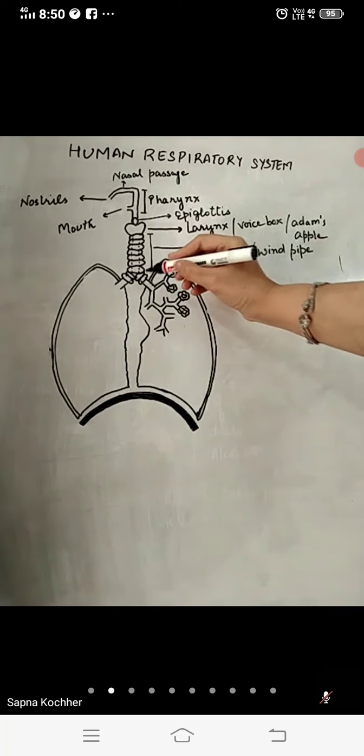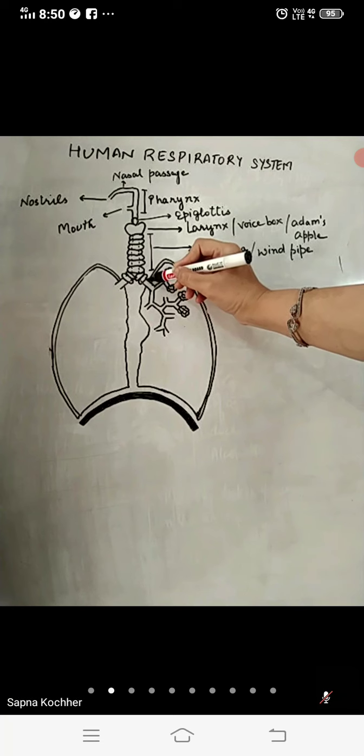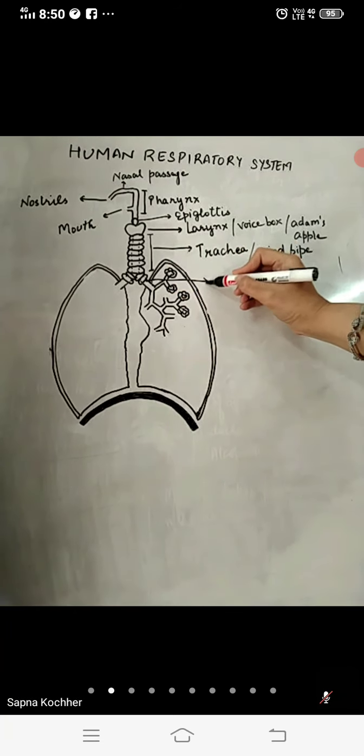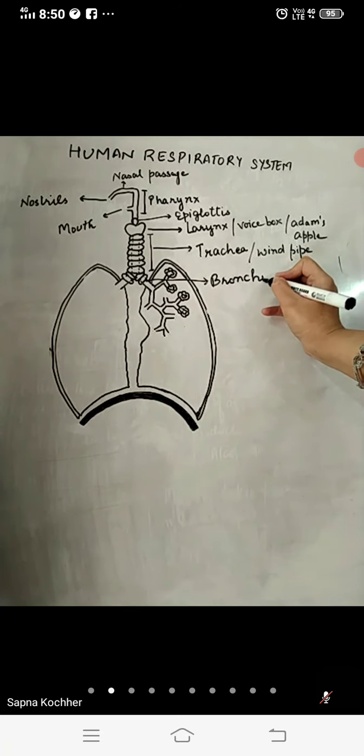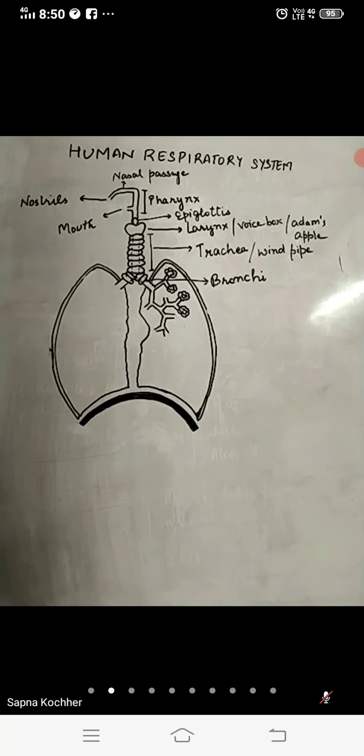Further, these are the two first branches of the trachea. These two branches are called bronchi.